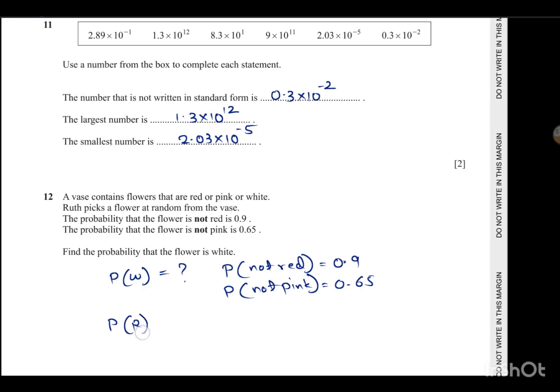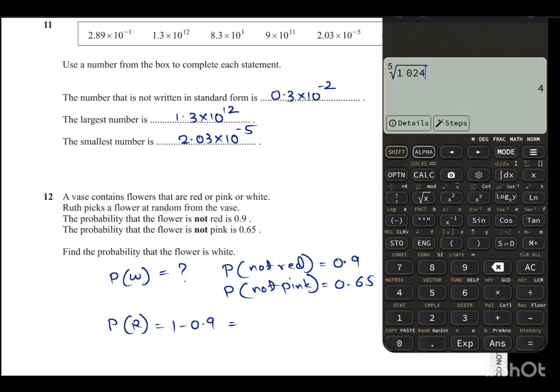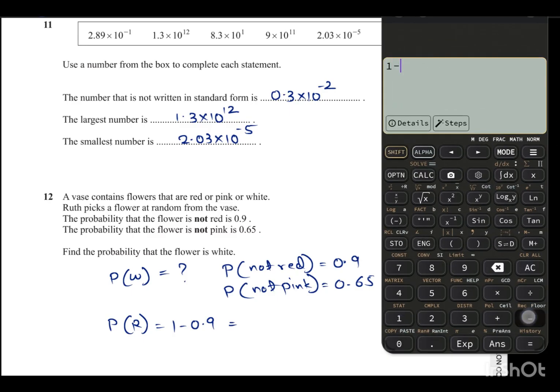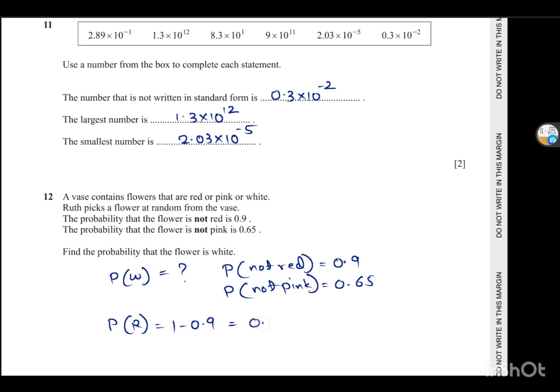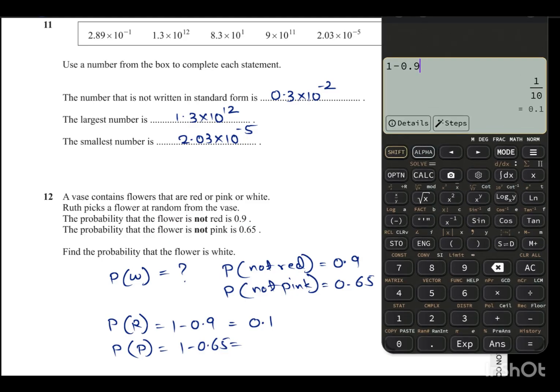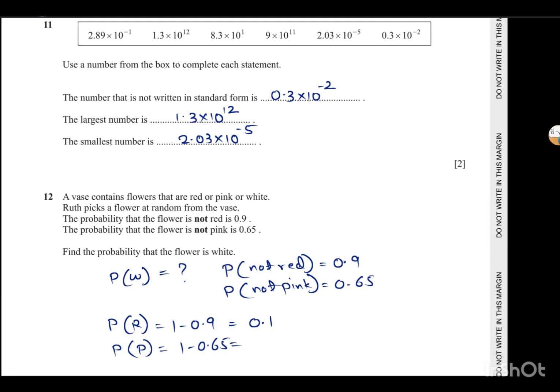The probability of red will be 1 minus the given probability of not red, so 1 minus 0.9 is 0.1. You can do it in the calculator. 0.1. Then the probability of pink will be 1 minus 0.65, which is 0.35.